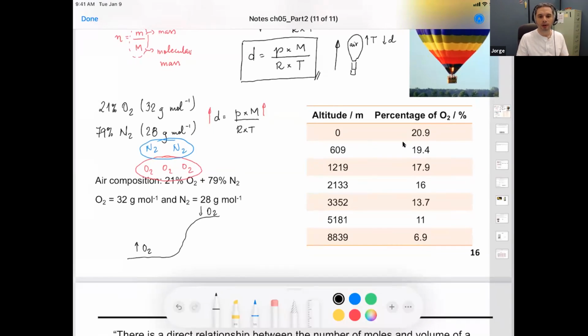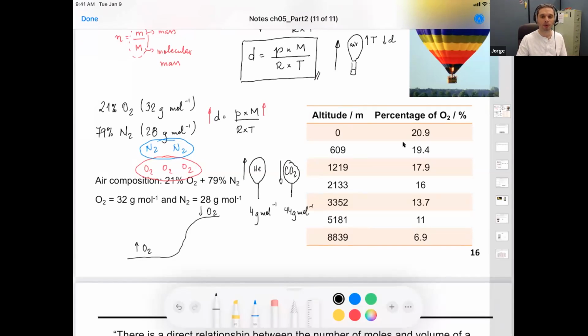And lastly, the density concept explains why a balloon with helium, which has a molecular mass of 4 grams per mole, will go up in the air, and a balloon with CO2, which has a molecular mass of around 44 grams per mole, will sink in the air.